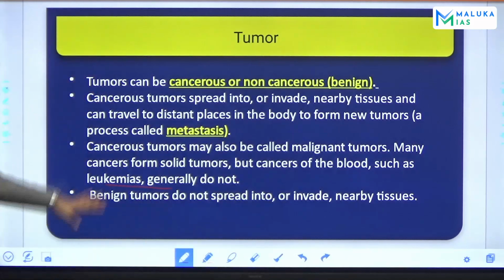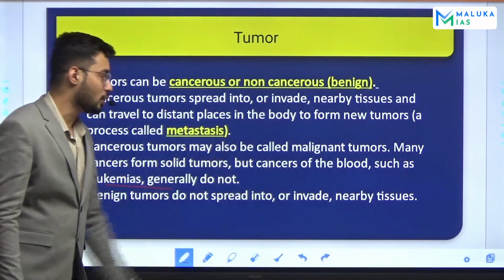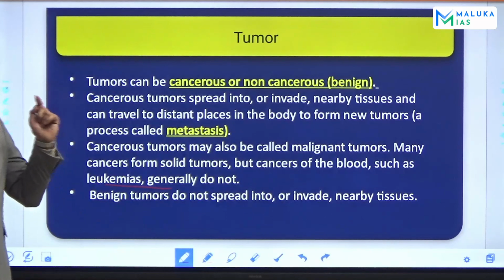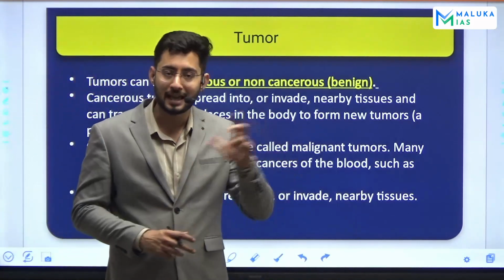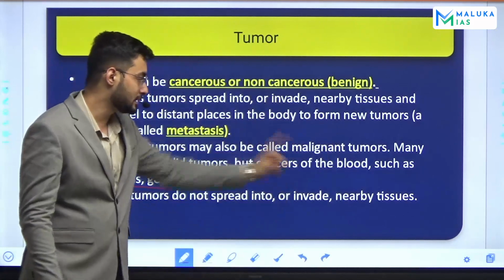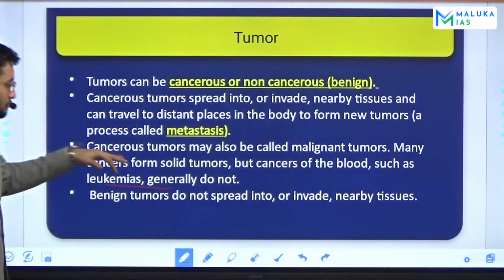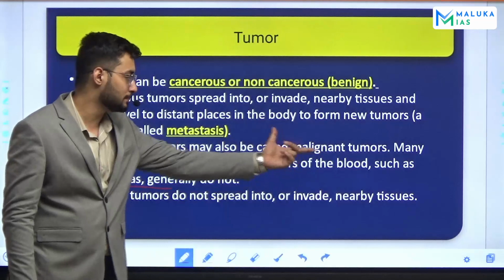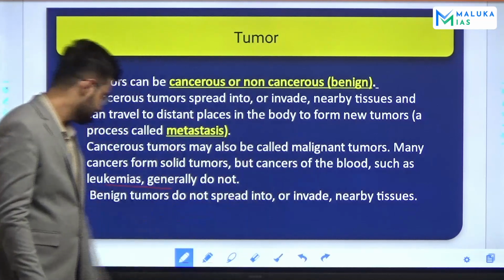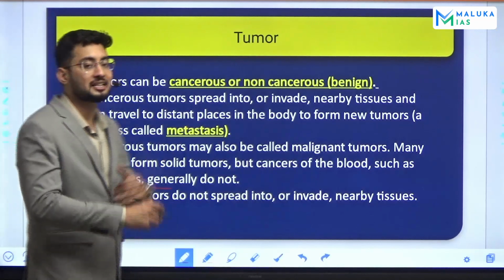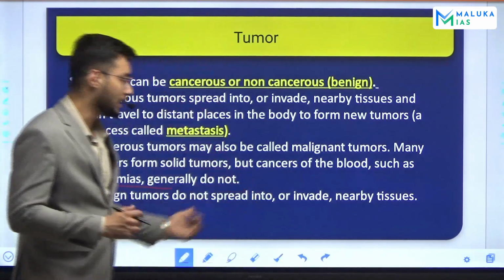So that is through the process of metastasis. Cancerous tumors may also be called malignant tumors, because मैंने बताया tumors may or may not be malignant, but cancerous tumors are malignant tumors. Many cancers form solid tumors, but cancers of the blood such as leukemia generally do not. Benign tumors do not spread into or invade nearby tissues.